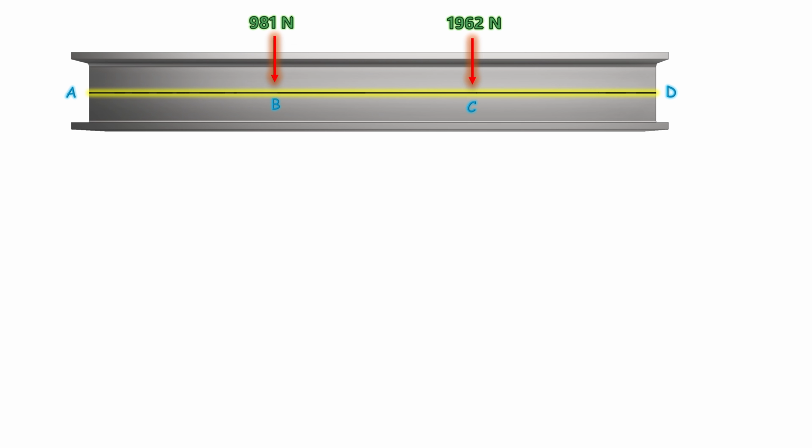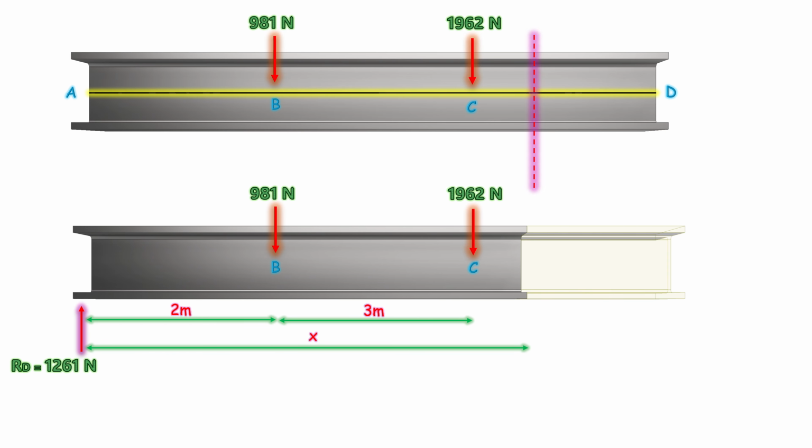Now, the cut is placed immediately after the 1962 Newton force, and the free body diagram is drawn. The shear force and bending moment can be calculated by applying the equilibrium equations. So, the shear force at the cut plane is equal to 981 minus 1261 minus 1962, which is minus 1682 Newton.